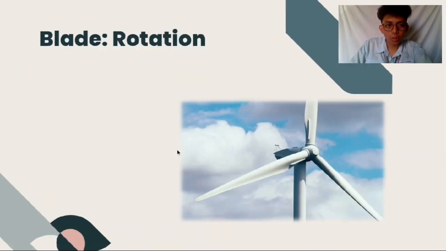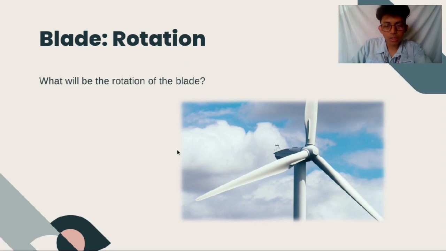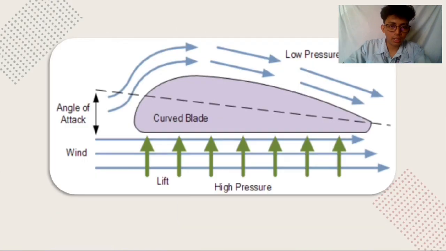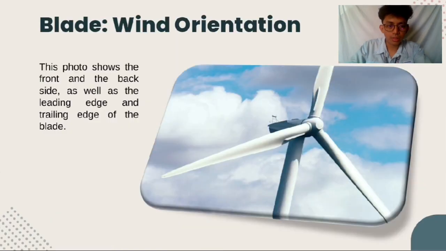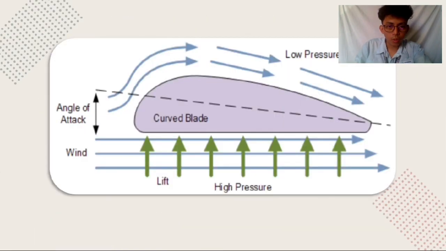Next question. Blade rotation. What will be the rotation of the blade? So, saan nga ba tatama ang hangin? So, looking at this figure, sinabi nga ng kasama ko kanina, the movement of air is from high pressure to low pressure.